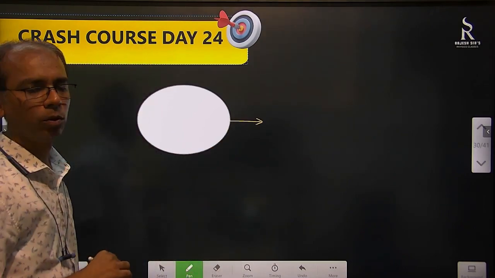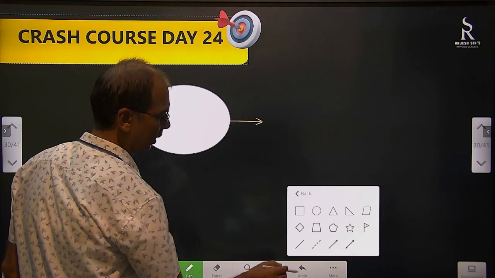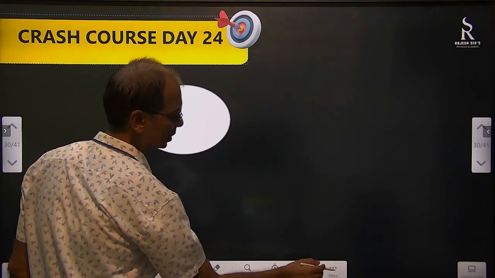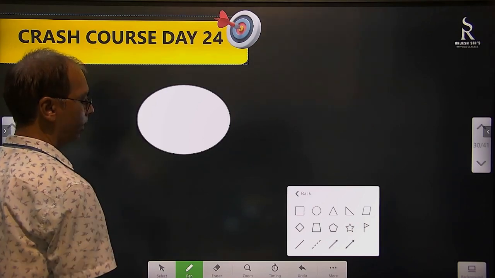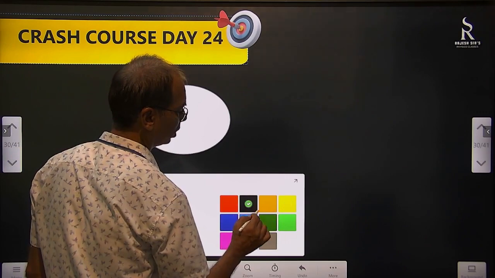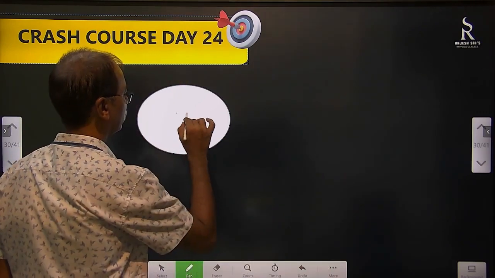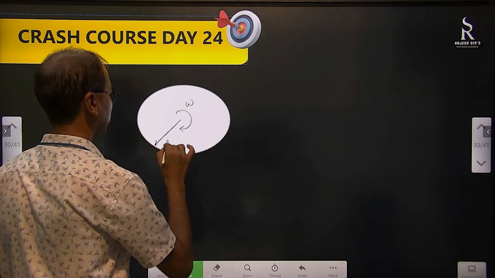Then what I want is for it to rotate, not move in a linear way. I want it to rotate with omega. Radius is r.